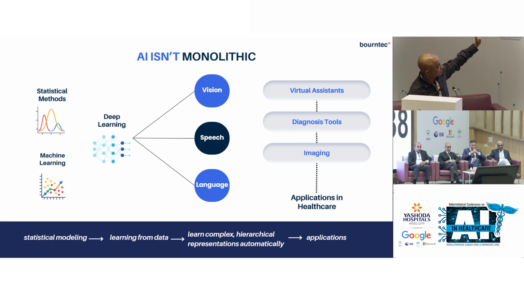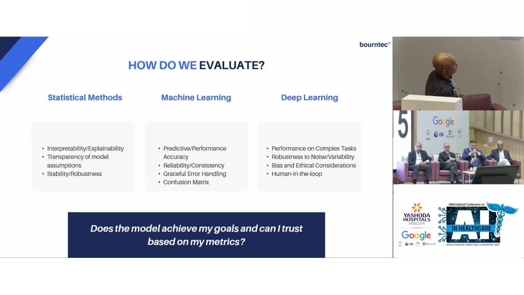What this drove, in combination, are the applications in healthcare, whether it's virtual assistants, diagnostic tools, imaging, or simple prediction of your LPA based on some sort of distribution and some method as well, right? Okay, let me quickly move on.